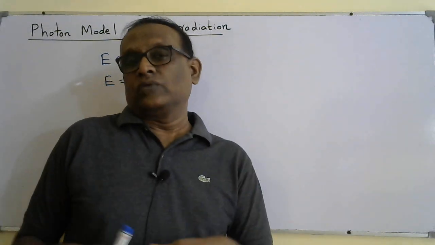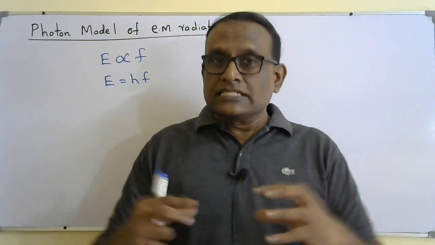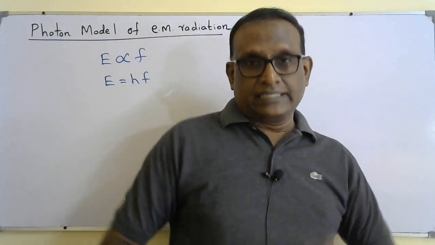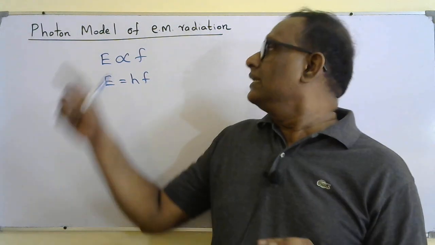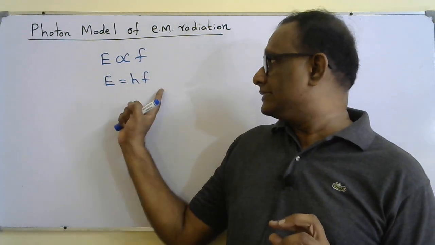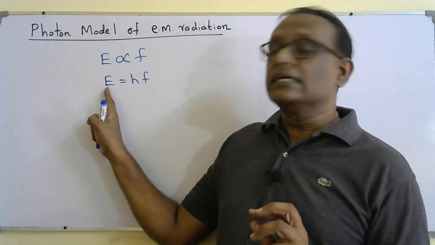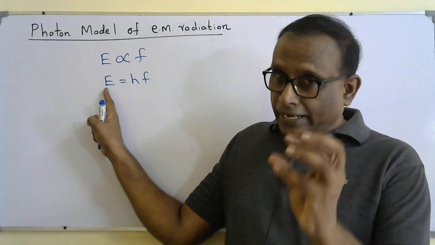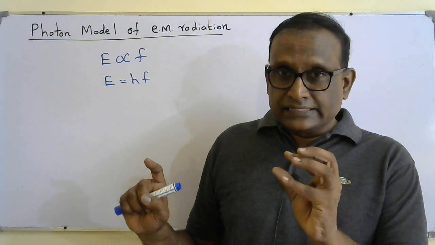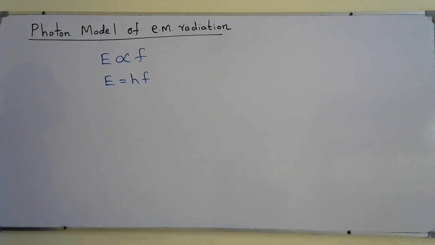So what he proposed is that electromagnetic radiation consists of several discrete smallest packets of energy. Each packet of energy is proportional to the frequency, given by E equals hf.